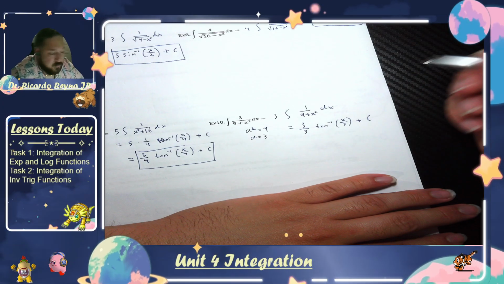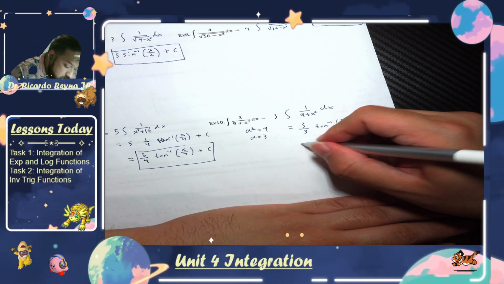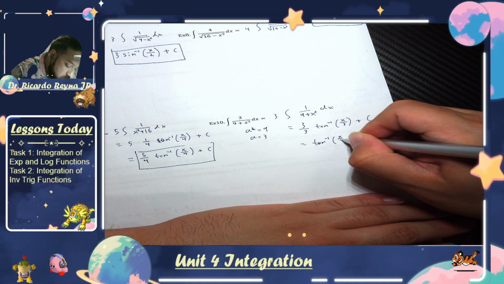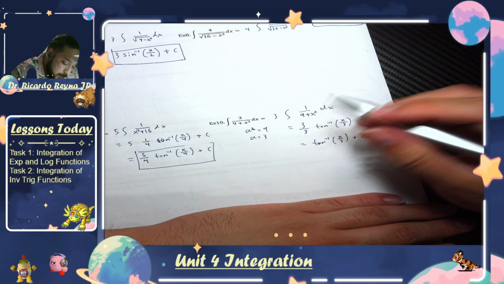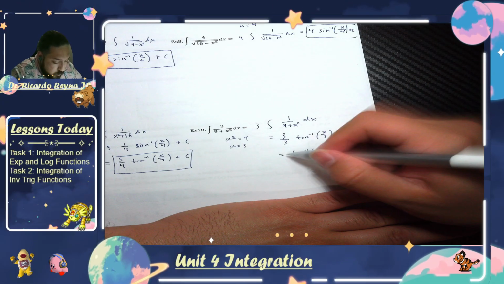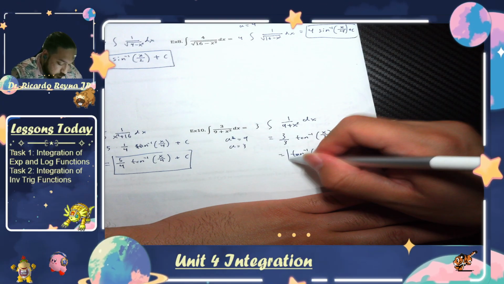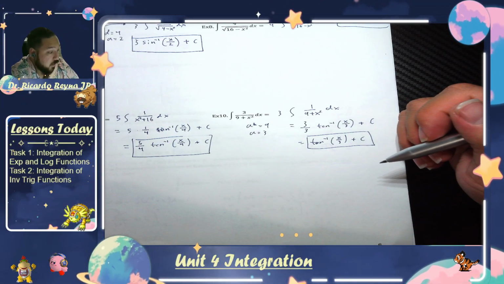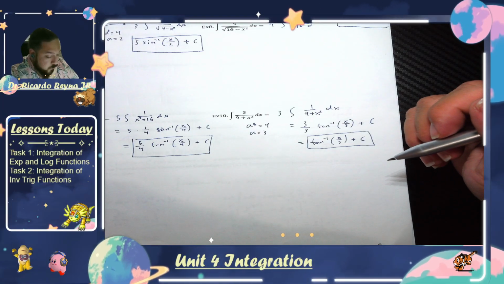And here, we know that simplifies to 1, so the answer has a further simplification: tangent inverse of x over 3 plus c. And that's pretty much it. So that's going to be your answer for all of these.